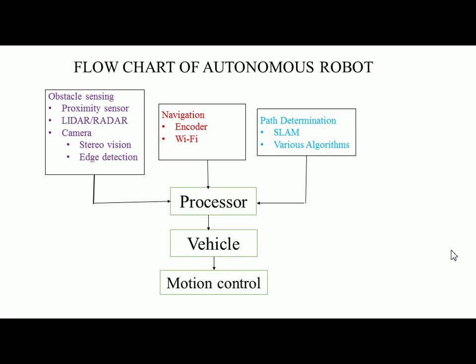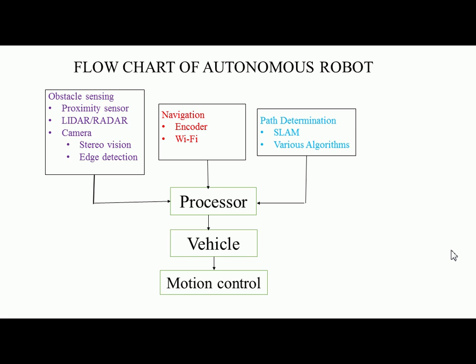This is the flowchart of the autonomous robot. I'm using obstacle sensing. In obstacle sensing, I'm using a proximity sensor. The IR sensors will sense short range obstacles. In order to sense long range obstacles, I'm using the laser detection and ranging sensor and camera stereo vision technology.